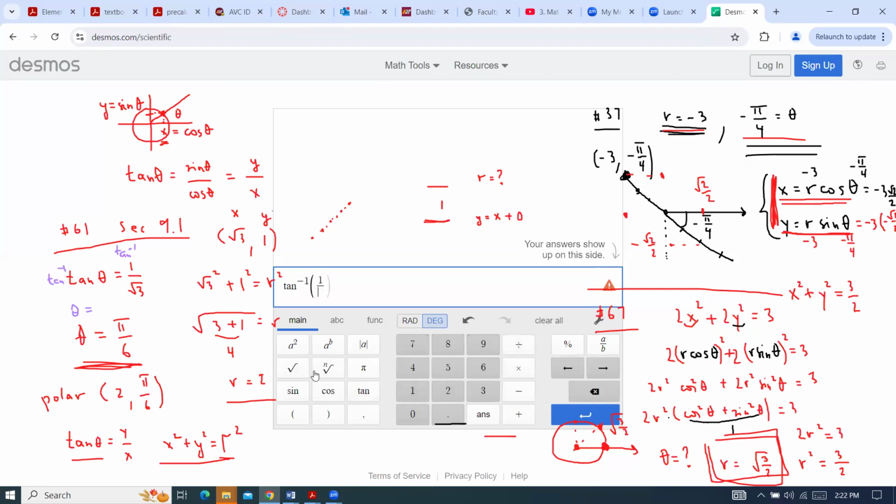But degrees would be a better idea, because otherwise with radians you won't be able to see it. With degrees you get 30 degrees. Notice radians is not clear. Always put degrees, 30, and that's what we have. Pi over 6: 180 over 6 is 30.